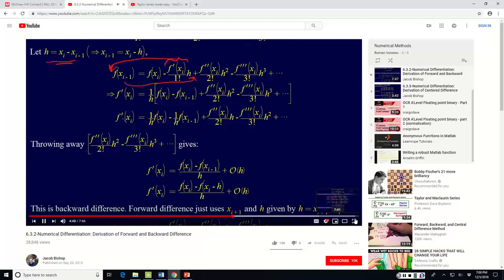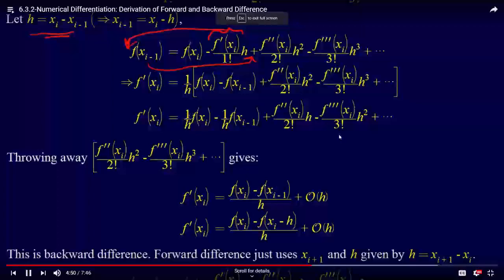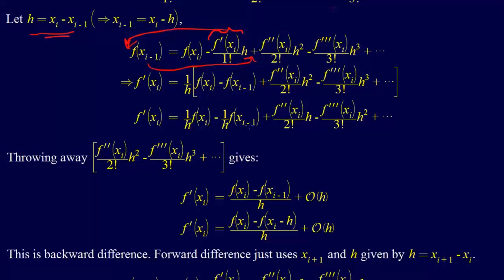But then f prime at x_i is equal to 1 over h times f of x_i minus 1 over h times f of x_{i-1}. Now we have all these terms here. These are our second and third derivative terms. Now we can just throw those away. This keeps going, and we just throw those away.